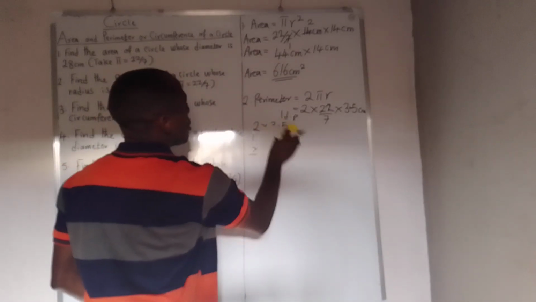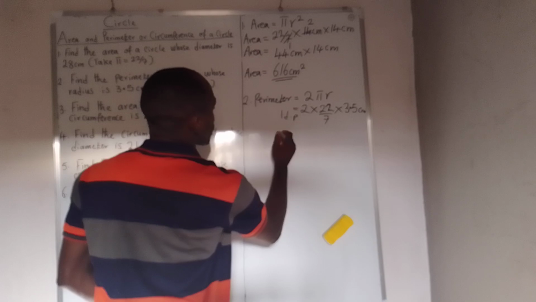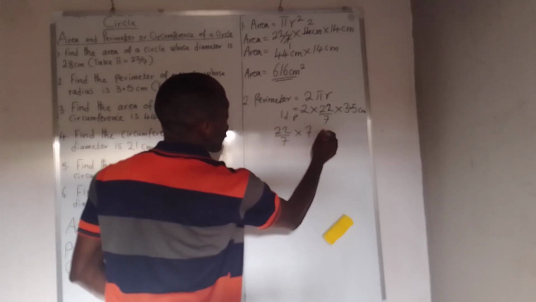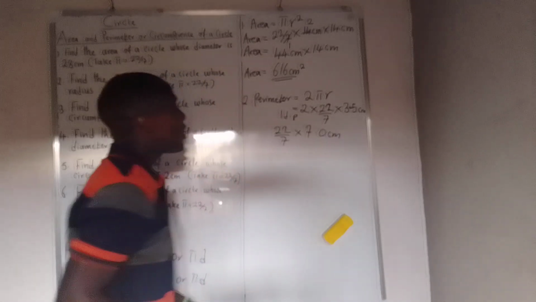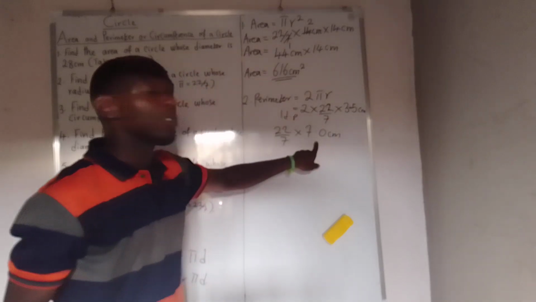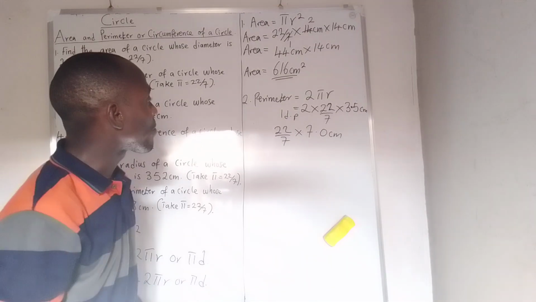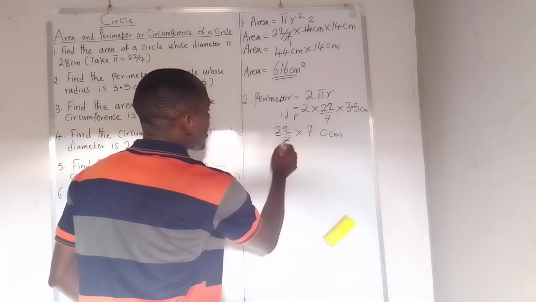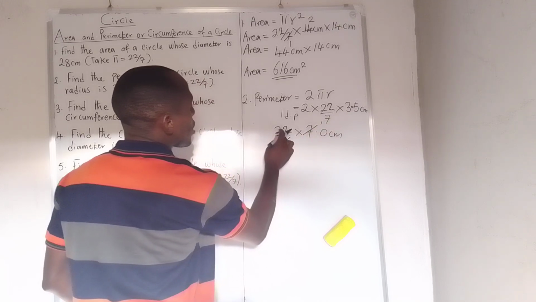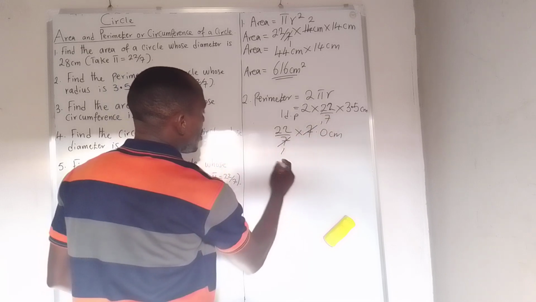So we can quickly do that by having 22 over 7 multiplied by 7.0 centimeter, because 2 multiplied by 3.5 gave us 7.0 centimeter. Now this 7 will cancel this 7, 7 over 1, 7 over 1. So 22 times 1 is still 22.